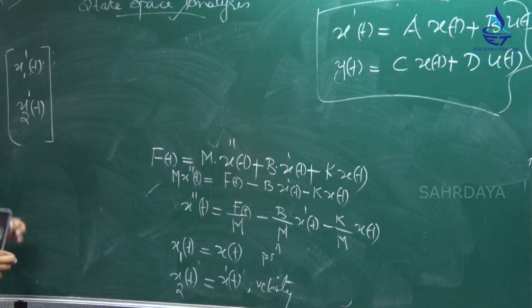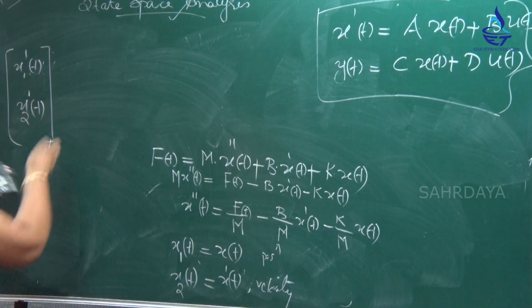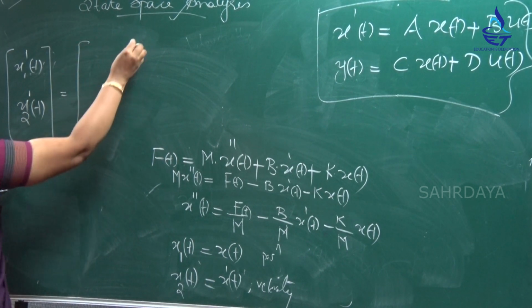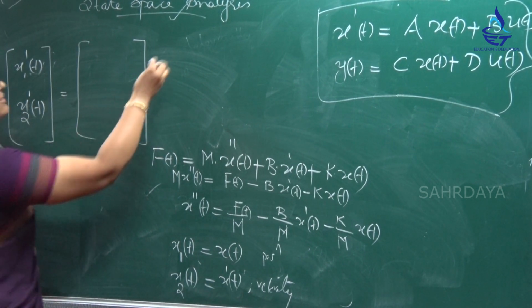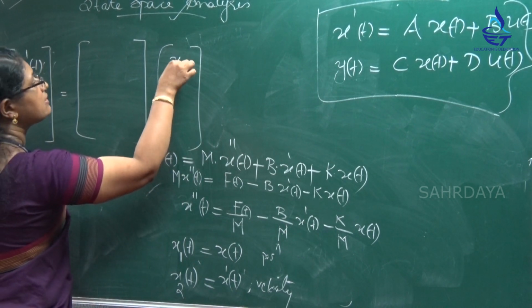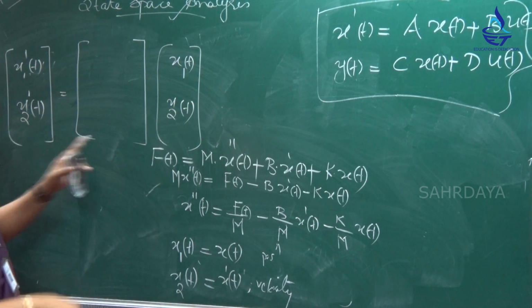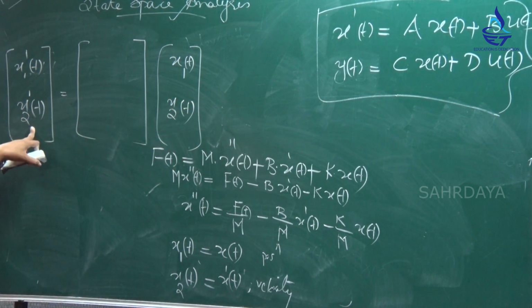Let me leave matrix A blank there; first of all I am going to identify what it is. It should be x1 of t and x2 of t here, the original form of state variables, and the left side should be the first order differentials of the state variables.